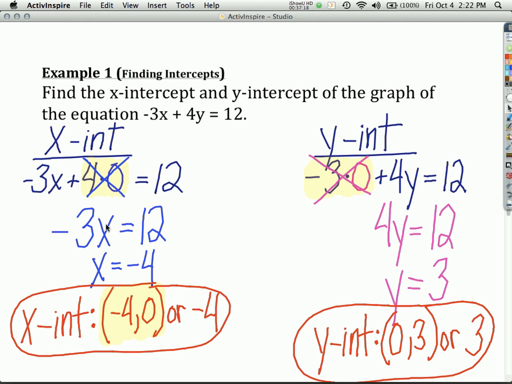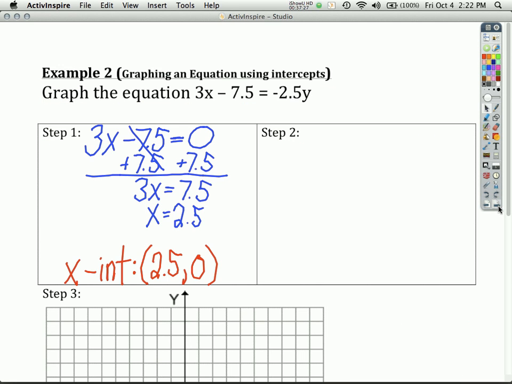No, because you don't write plus 0 unless it's the only thing on that side of the equation. So here we had to write the 0 because it was the only thing there. Okay? Good. That was a good question. All right. Any other questions or comments on step 1? Good. Step 2. Now find the y-intercept. How do we find the y-intercept?